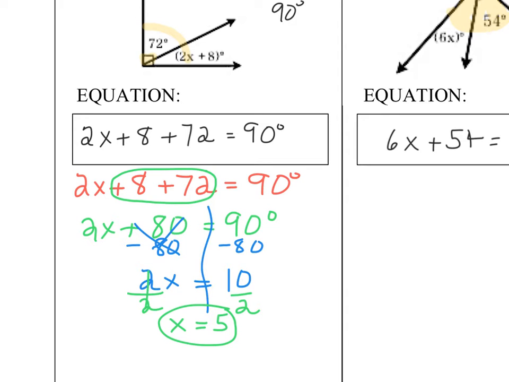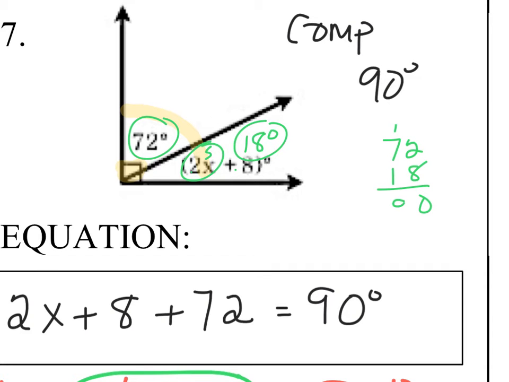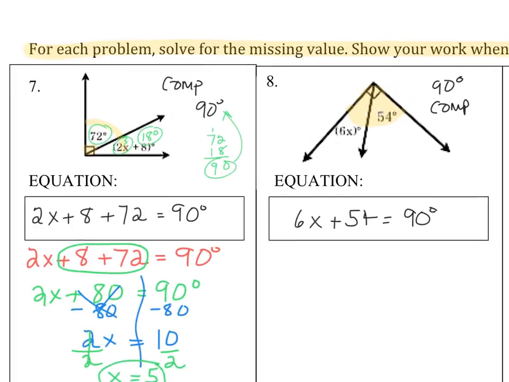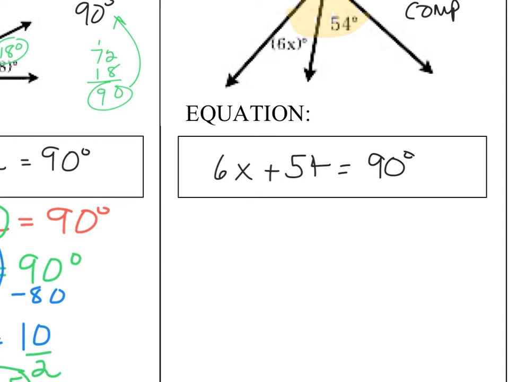All right, and look at what happens. If I put a 5 right here, that would be 10 plus 8, which gives us 18 degrees here. And 18 plus 72 is 90, so that works. That's a little check for us. All right, so 6x plus 54 equals 90.